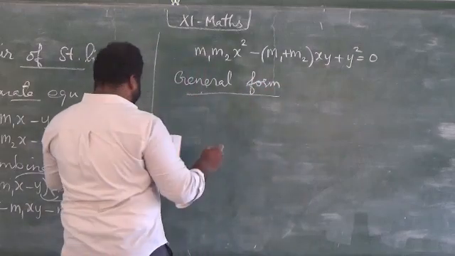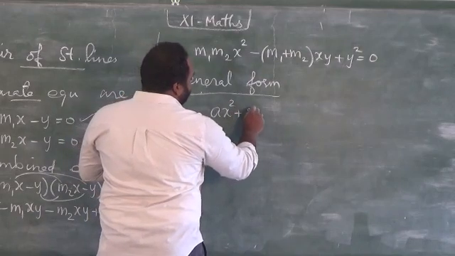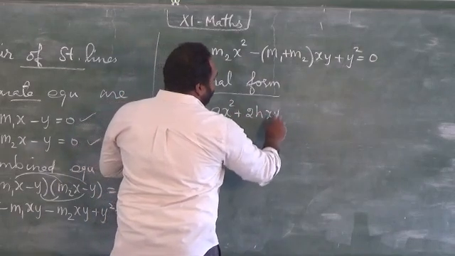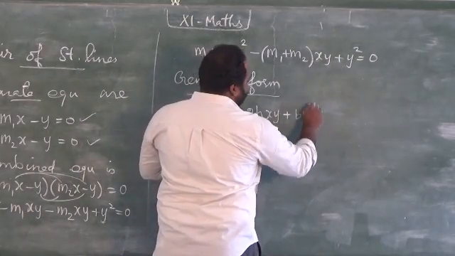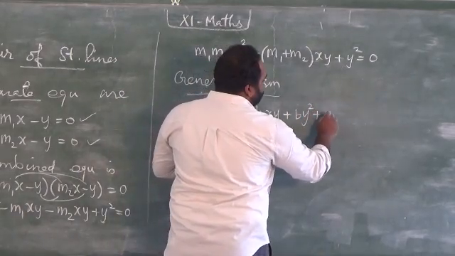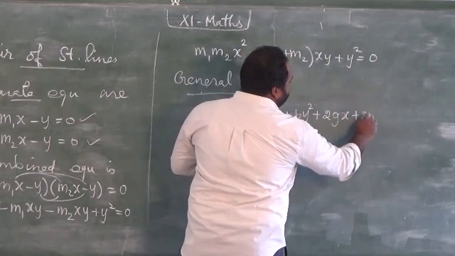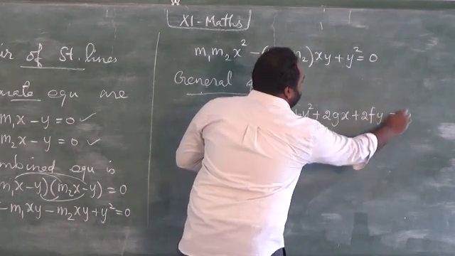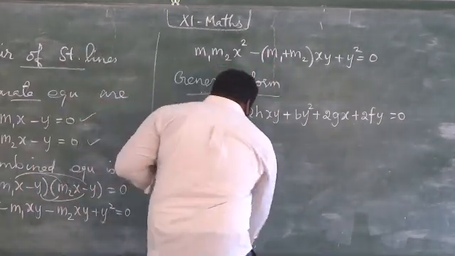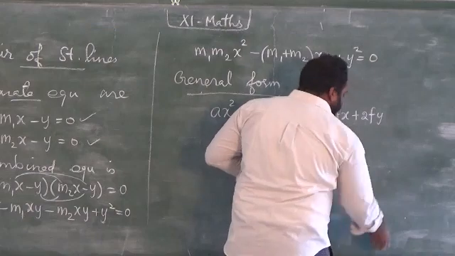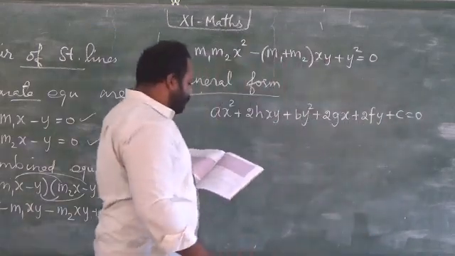The general form of a pair of straight lines is ax square plus 2h xy plus by square plus 2g x plus 2f y, and one more term, the constant, plus c equal to 0.